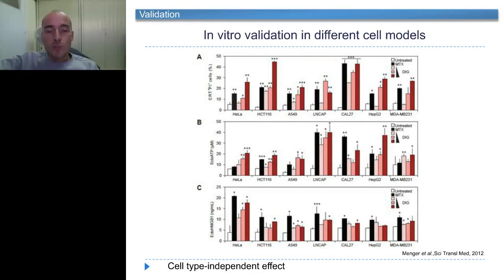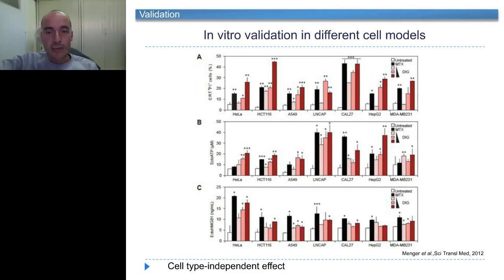To make sure that this is not a cell type specific effect, we used quite a large number of different cellular models, and we used the prototype cardiac glycoside, which is digoxin. This is the one that is still used in clinics, and this is then also the one that we used for our retrospective clinical study.